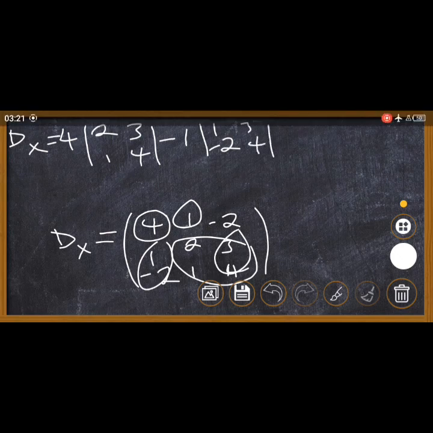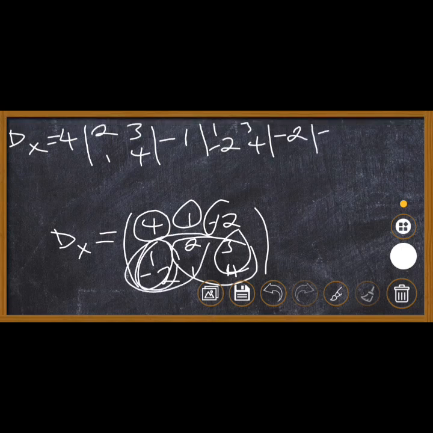And then here it's positive, so positive multiplied by negative 2, and then we have the matrix of 1, negative 2, and then 2 and 1 here.